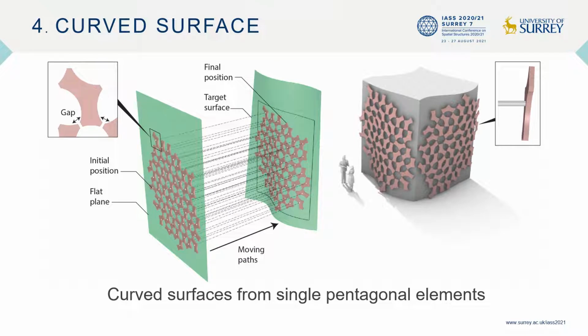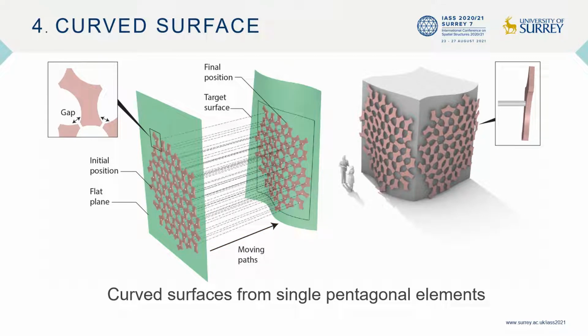In the last step of this study, we have proposed a design method to reposition pentagonal elements for realizing curved surfaces using linear translation of the element from the base plane to the target curved surface.